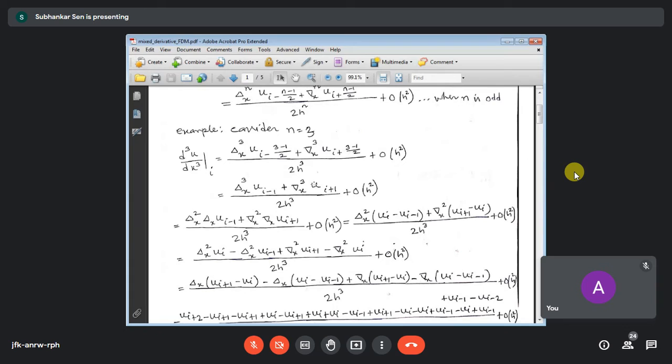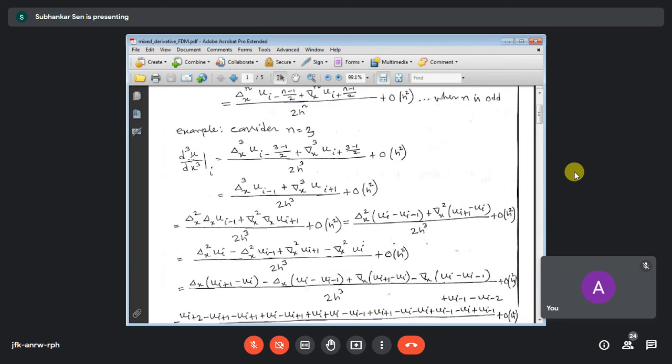When n equals 2, we are getting d2u dx2, which we discussed in the previous class. In d2u dx2, you have three terms. What are the terms? ui plus 1 minus 2ui plus ui minus 1. It means that in du dx, you have two terms. In d2u dx2, we have three terms. And in every case, the order of accuracy is 2.